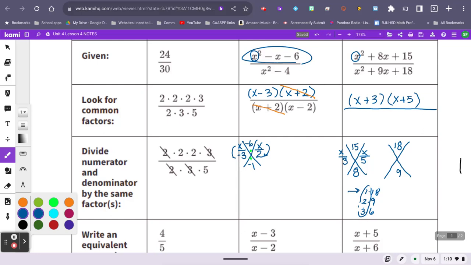Since the top and bottom are both positive, the two numbers have to be positive, and we can see that 3 and 6 both multiply to give you 18, but add up to 9. Put a variable, read it from top to bottom, x plus 3 and x plus 6. And it doesn't matter which one goes first. Cross off what we have in common, and you can see we have the right answer at the end.